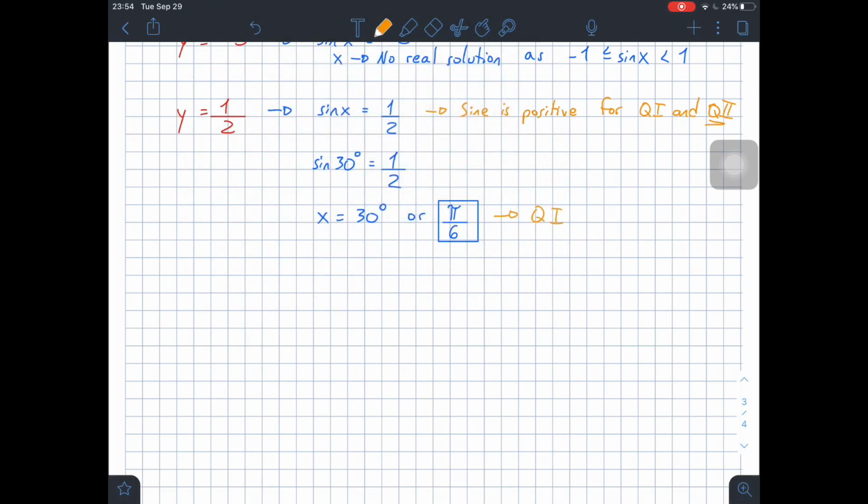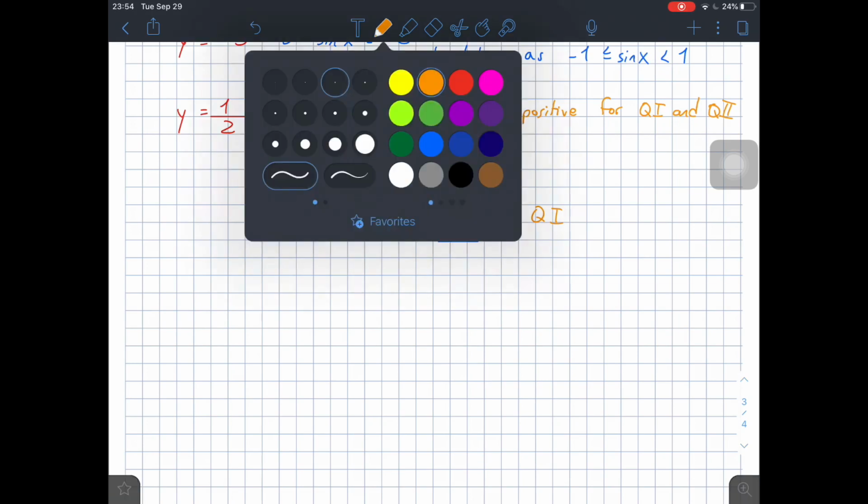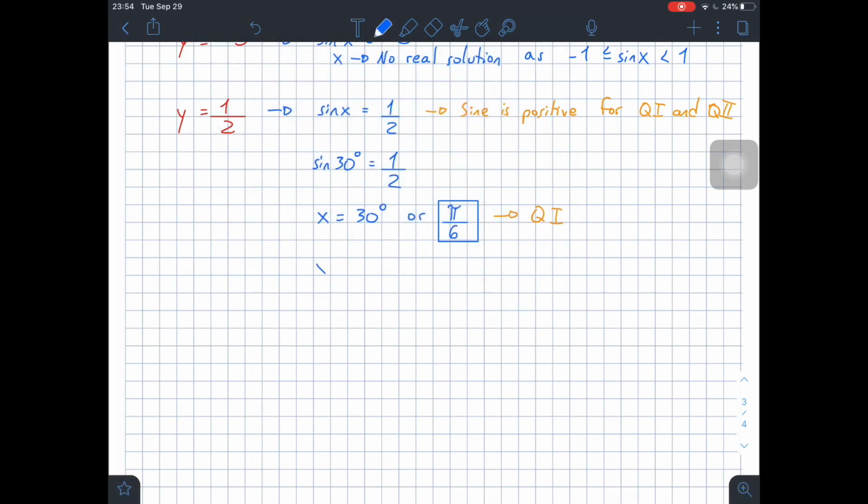Now, the second answer, which corresponds to the second quadrant, would be x equal to 180 minus 30, and this is 150 degrees. So the other possible answer is 150 degrees. Let me do this in radians before. So this is the same as saying pi minus pi over 6, right? 180 minus 30.